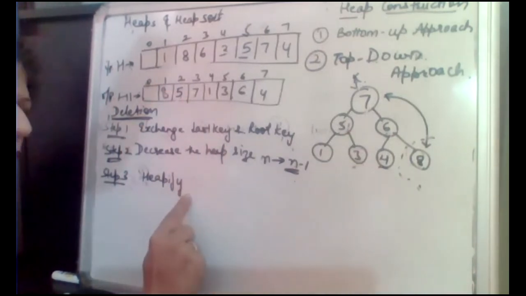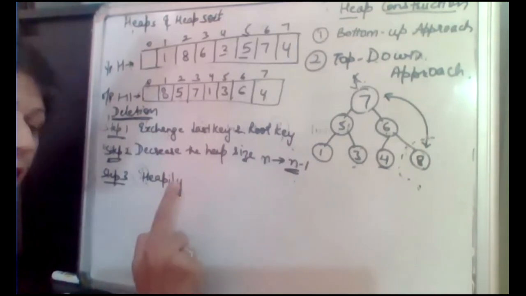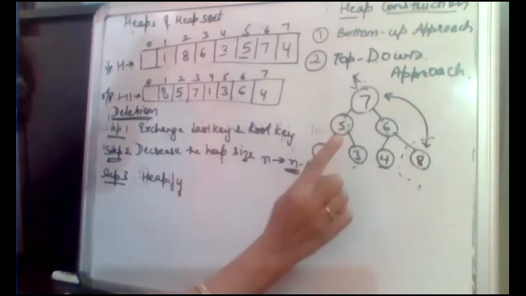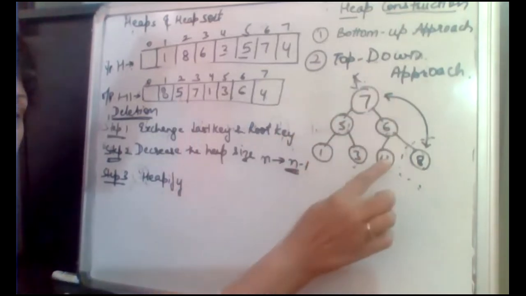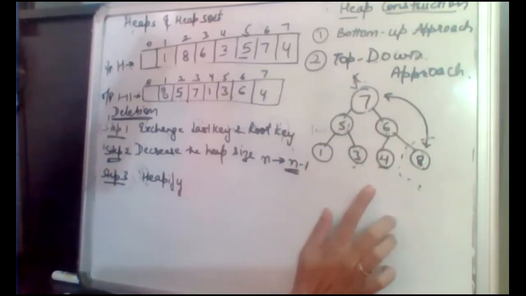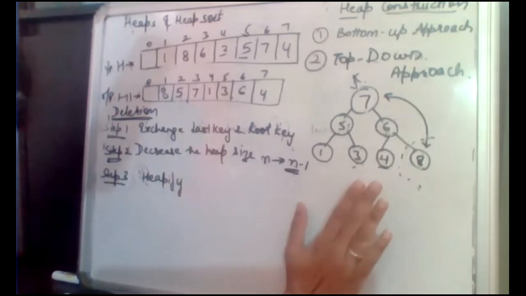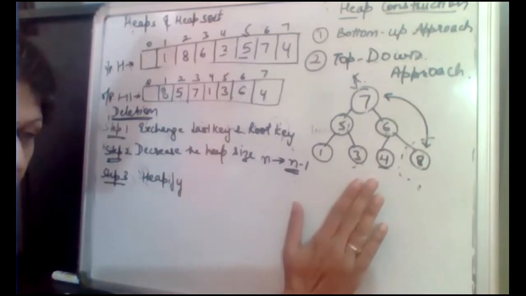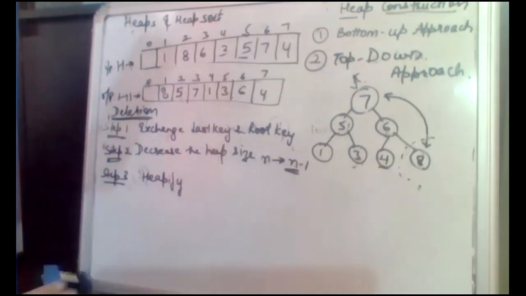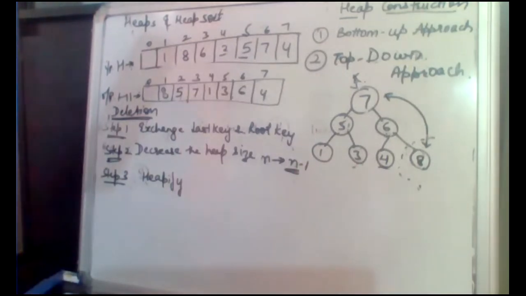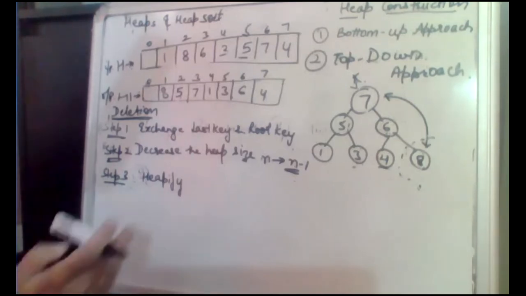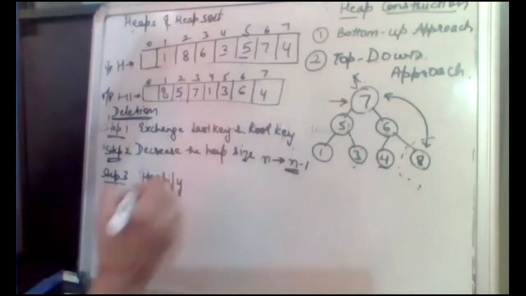Only when we are working with the third step, where the key element at the root that is taken is placed at its proper place, and the heap properties are made sure to be taken care of. In that case, it is only the bottom up approach. Okay. And in that case, the outer for loop is not going to work. It is going to only work for a single level, because we are only considering the element that is at the root.